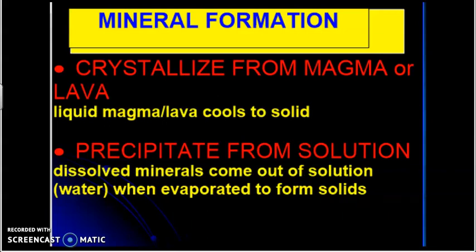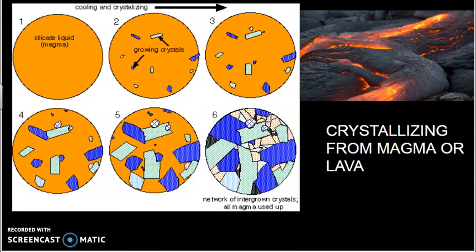We get them when they crystallize from magma or lava, meaning the lava cools to a solid and it takes a crystal shape. The second way is that it precipitates out of the solution. For example, if I have salt water and it evaporates away, leaving the salt crystals, that is the precipitate. This slide shows you how we get crystals from the magma.